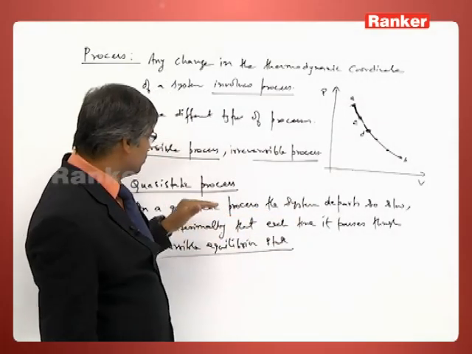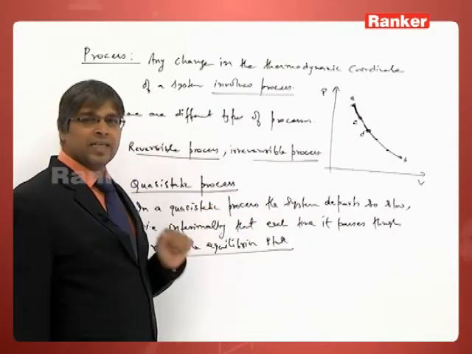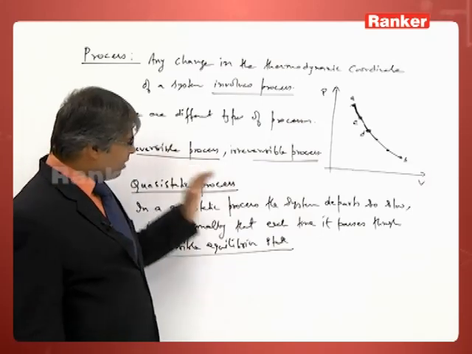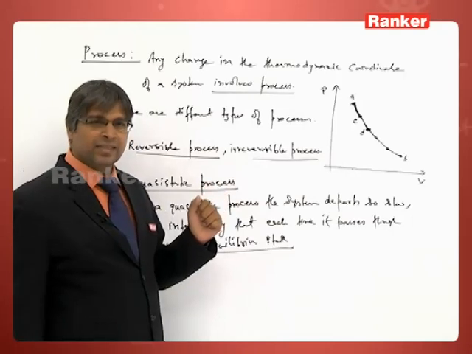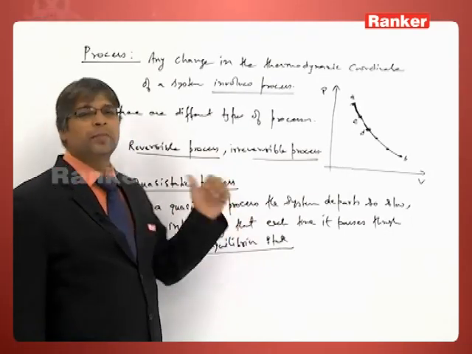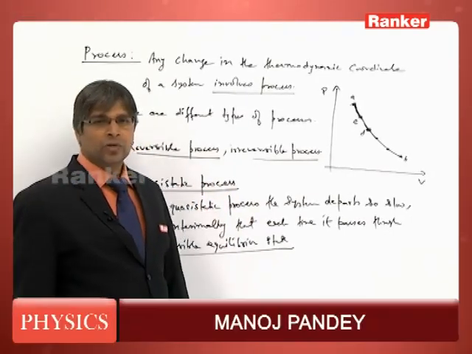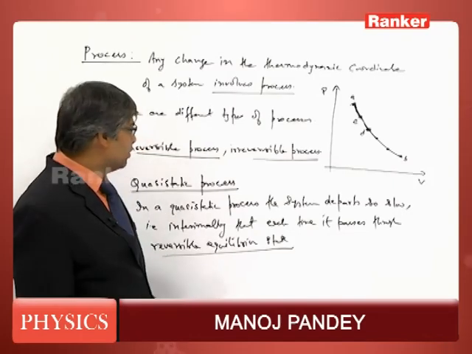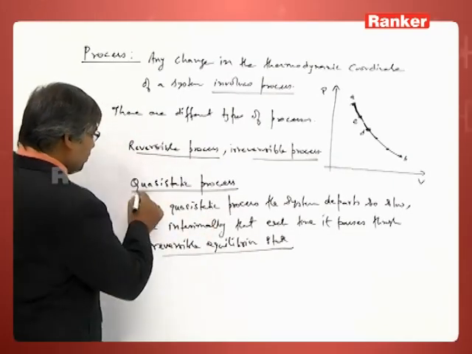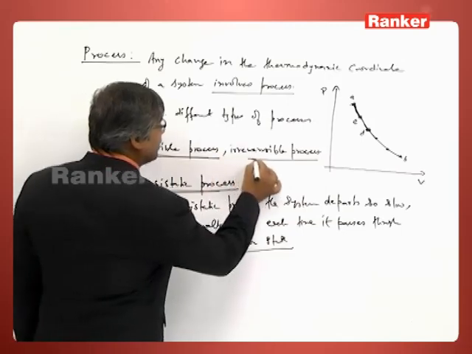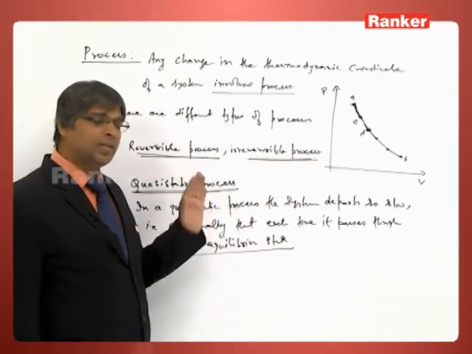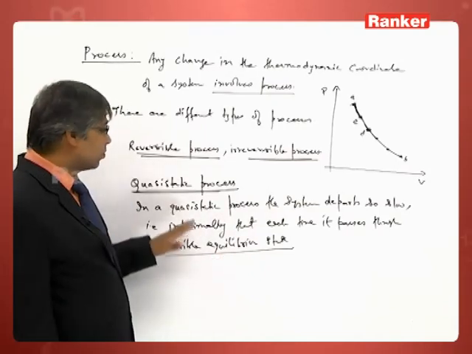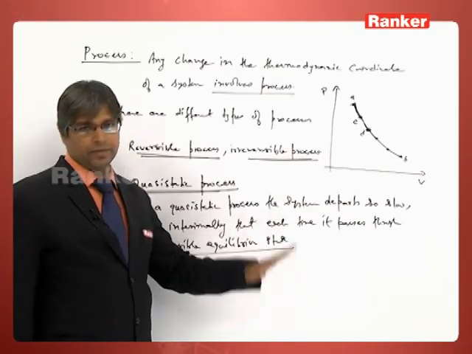So unless stated, in our whole thermodynamic study, which we will study in intermediate classes, all the processes are assumed to be quasi-static. So in order to define quasi-static, we must know what is reversible, irreversible, and nearly all the processes which we will learn in thermodynamics will be quasi-static unless stated.